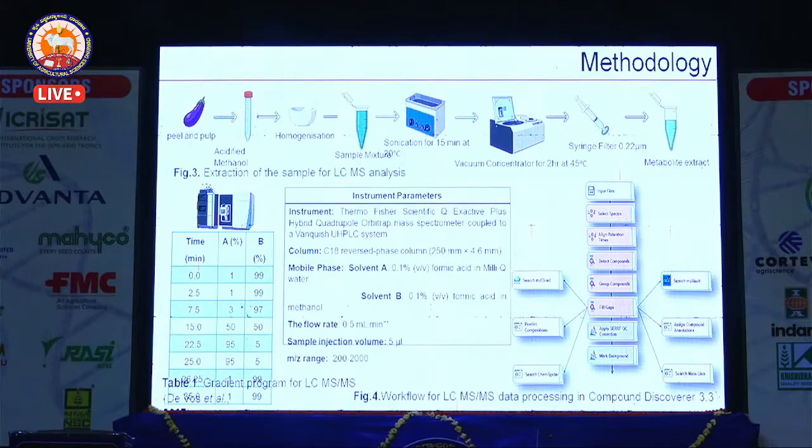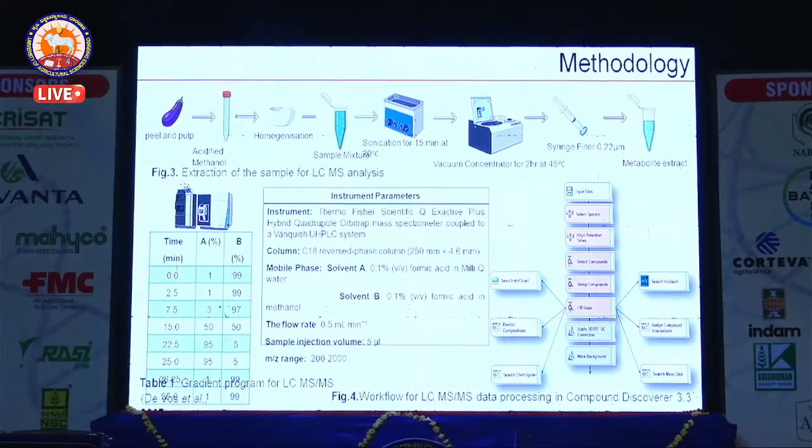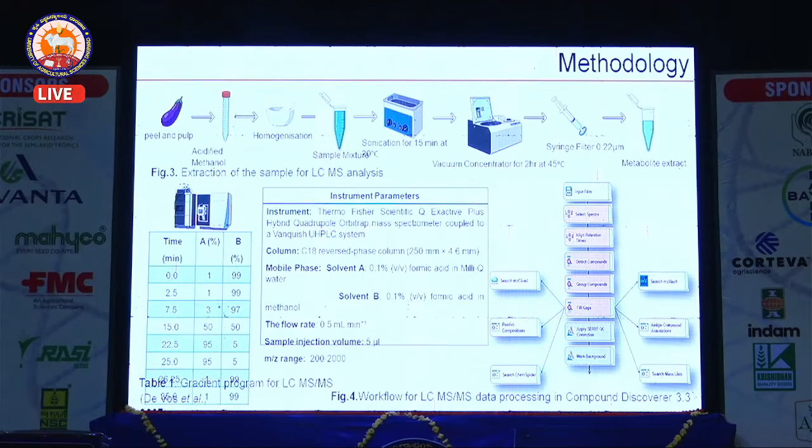Later, the peel and pulp were separated and metabolite extraction was performed using acidified methanol, followed by homogenization, sonication, and concentration. Table 1 represents the gradient program for LCMS and the instrument parameters, and figure 4 represents the workflow which was performed in the Compound Discoverer software.